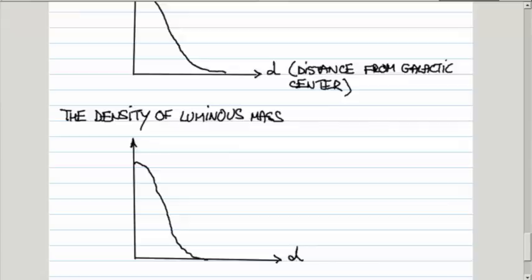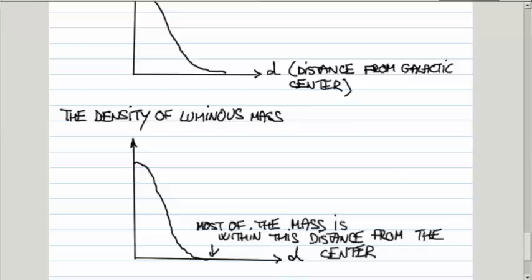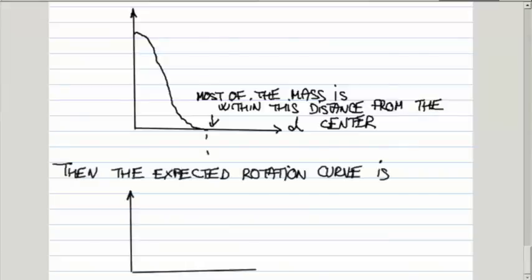So most of the mass is close to the center of the galaxy. But then I would expect that by this distance here, most of the mass is exhausted. Okay? So based on this distribution of mass, my expectation for what I should see as a rotation curve would be something like this.